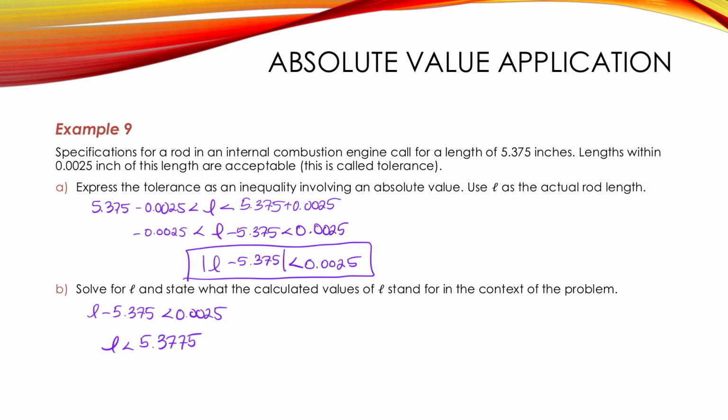And if we look at the negative, it would be a negative times L minus 5.375 is less than 0.0025, or negative L plus 5.375 is less than 0.0025, or negative L is less than negative 5.3725.